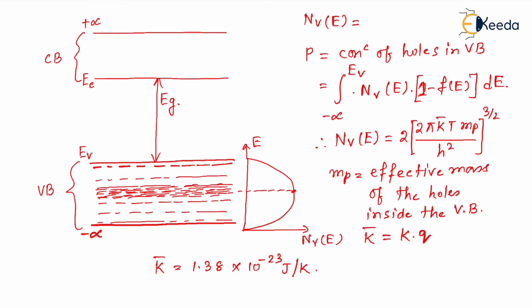Now if I put this NV value and F(E) value, we will discuss F(E) in detail in later lectures. If I put the NV(E) value and F(E) value, then we will get the concentration of holes inside the valence band.